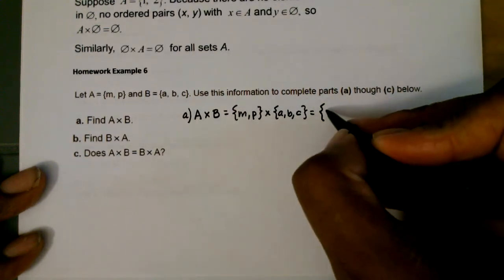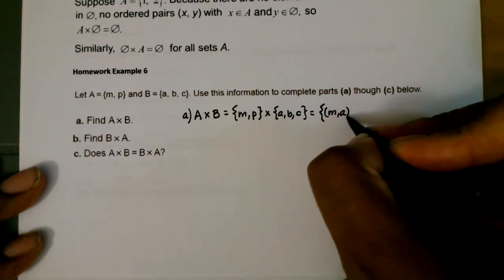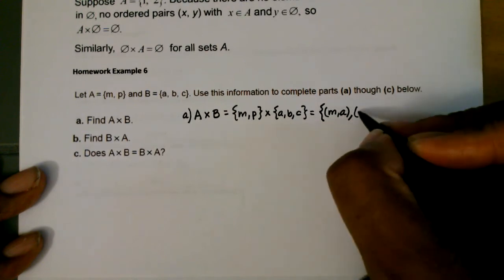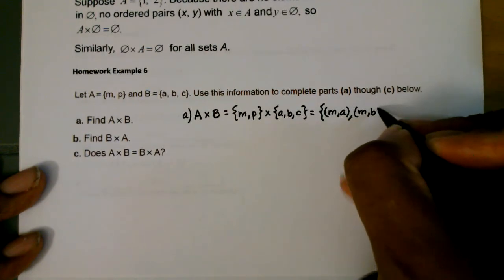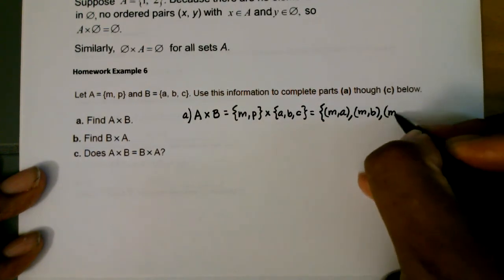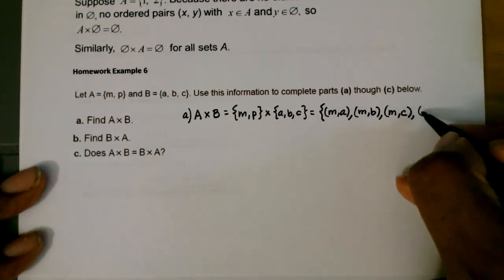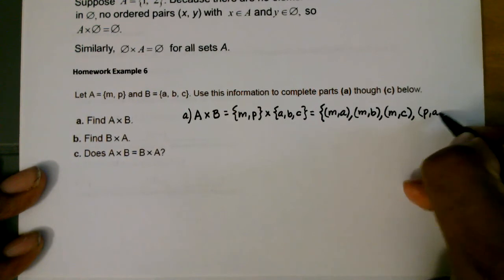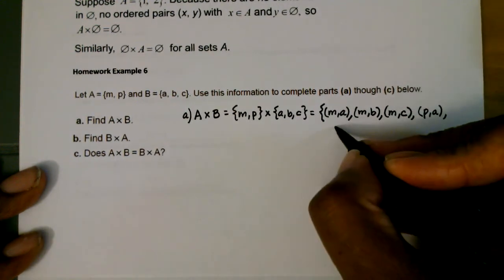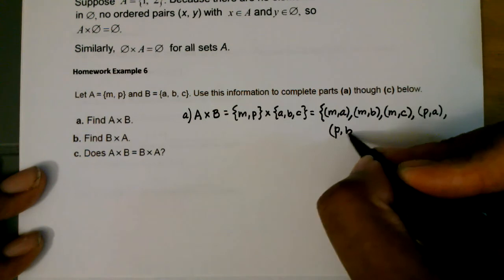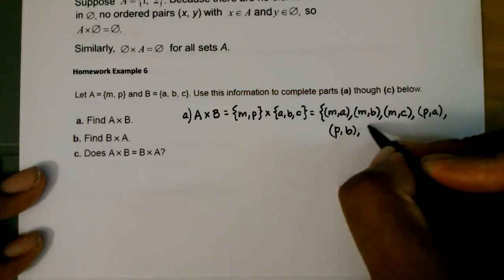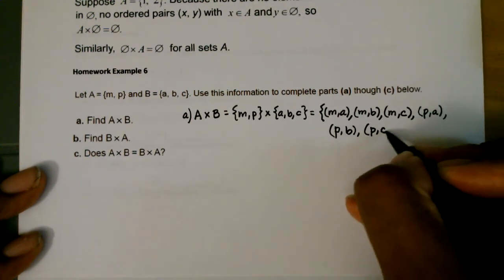So M is paired with A, M is paired with B, M is paired with C. Next, P is paired with A, P is paired with B, and P is paired with C.